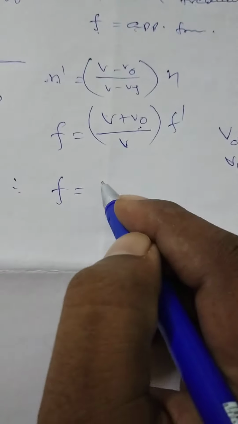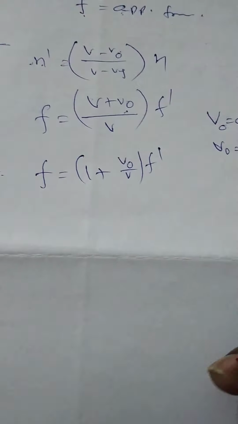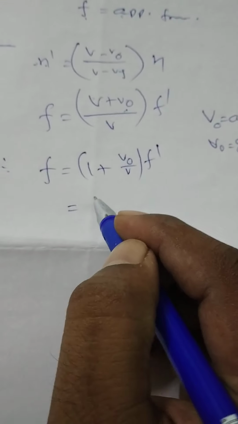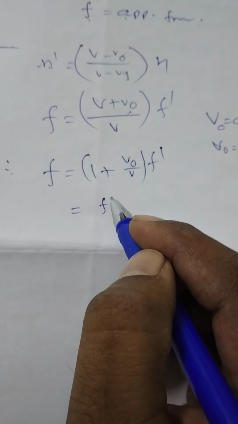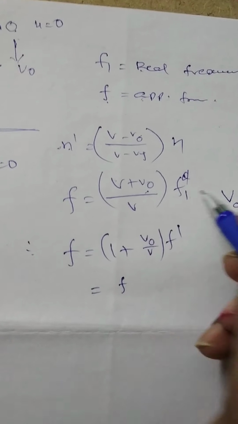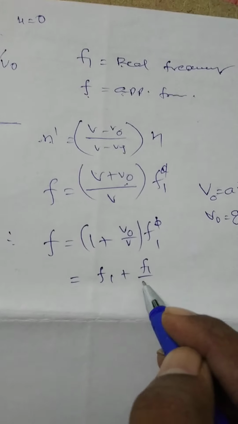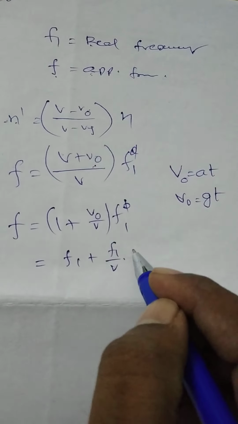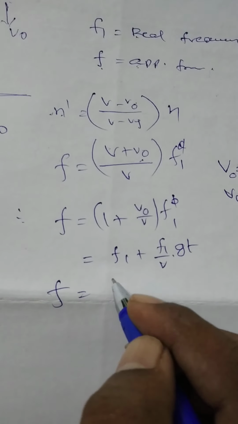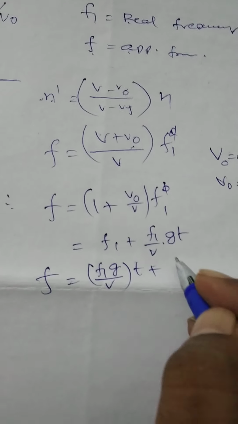Therefore, F is equal to (1 plus V naught by V) into F dash. Here F dash is F1. So F is equal to F1 plus F1 by V into V naught, which is replaced by gt, or F is equal to F1 g by V into t plus F1.